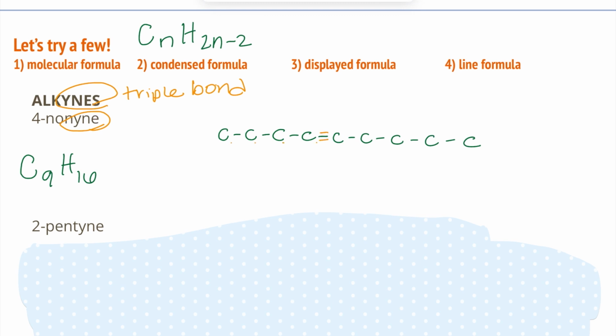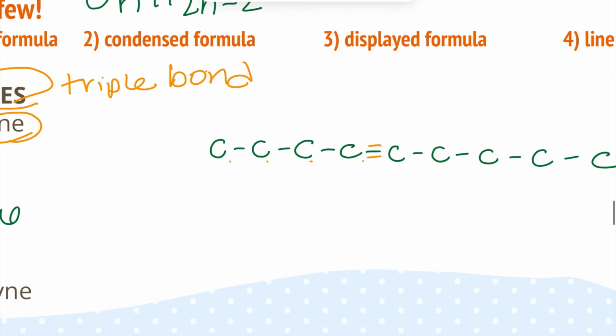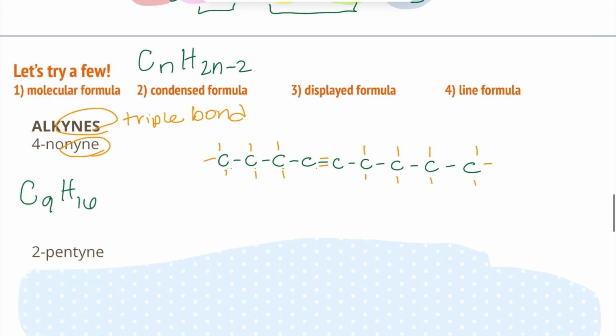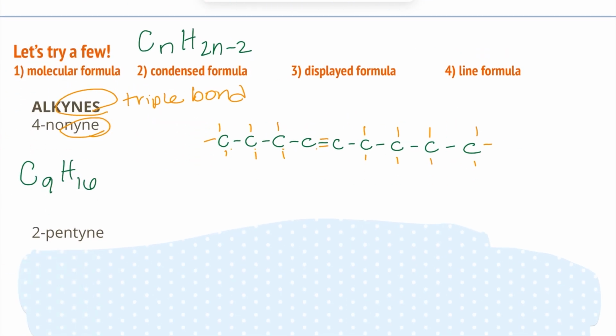There's my triple bond. I just show that with the 3 lines in between. And I'm going to make everyone independently happy, so each carbon is sharing 4 times with something. When I get to my carbons that are in my triple bond, they aren't going to get any hydrogens because they are sharing 3 times with the carbon that is next to it. And so just making sure you have the correct on there. So there is my displayed formula.